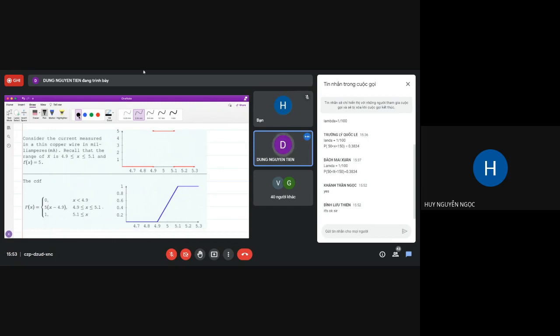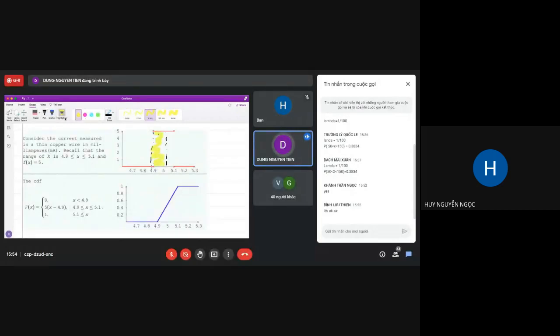Then you want to find the cumulative distribution function. If x is less than 4.9, you have nothing to compute. It is 0. That is very trivial. If x is between 4.9 and 5.1, you come up with this region, right?